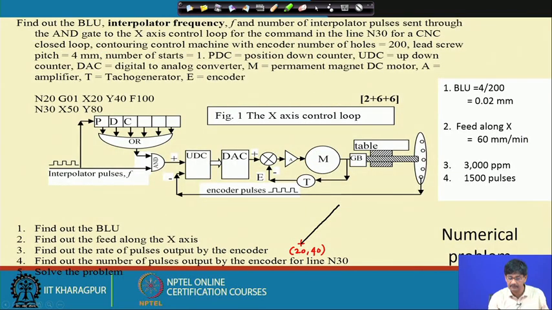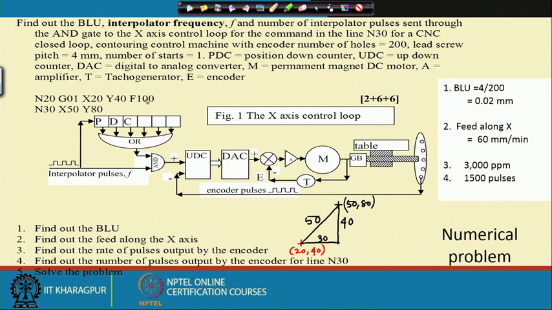Now, what is happening? Yes, 50, 80. So, we can easily compute these distances. 20 to 50, 30, 40 to 80, 40. So, this must be 40 and therefore, this must be 50. So, that means the feed of 100 millimeters is along this path.